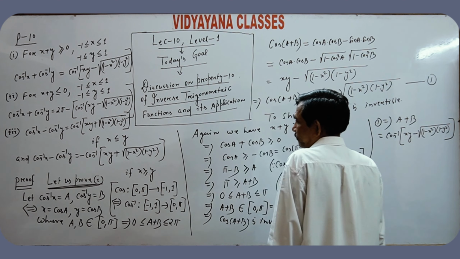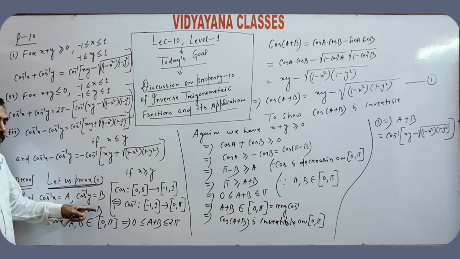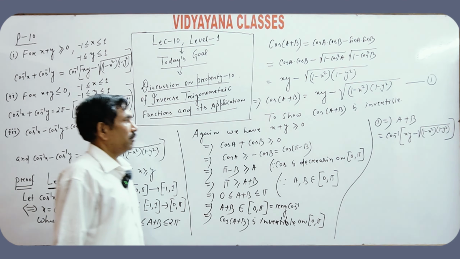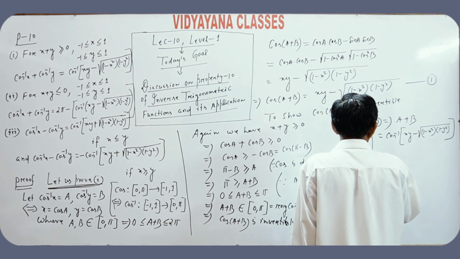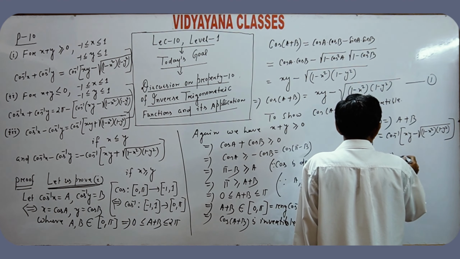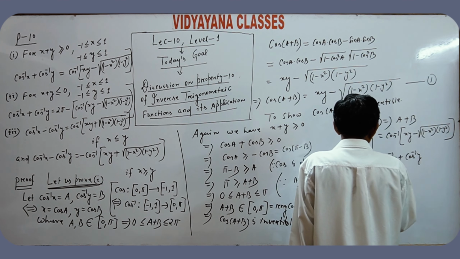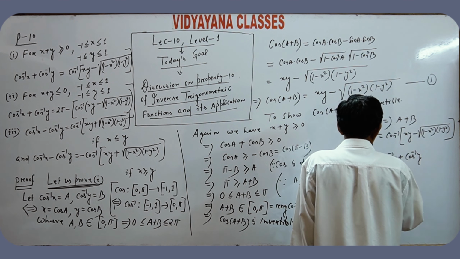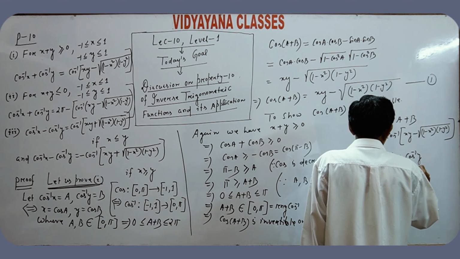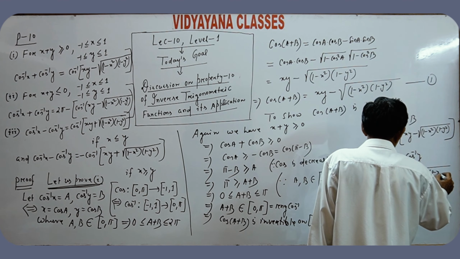What is a? A is equal to cos inverse x. What is b? Cos inverse y. Therefore, a is equal to cos inverse x, b is equal to cos inverse y, which is the same as cos inverse of xy minus root of 1 minus x square into 1 minus y square.